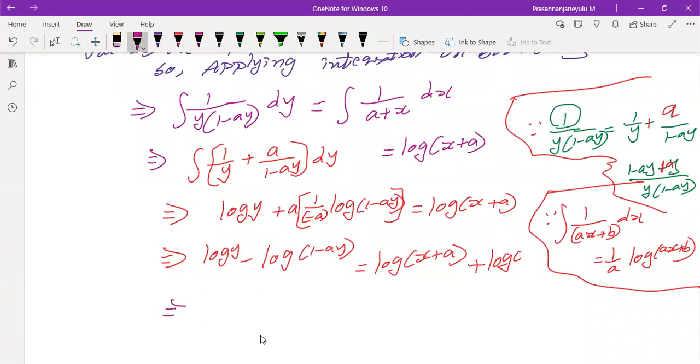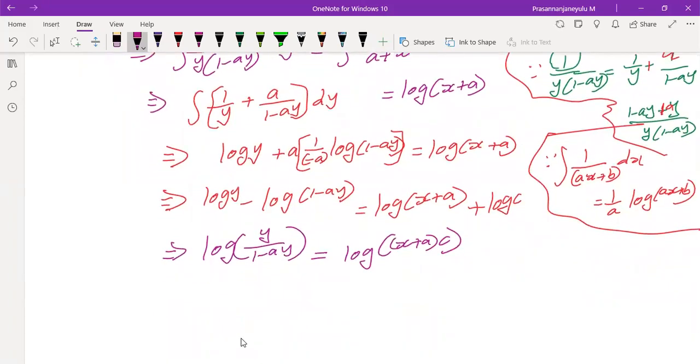Okay, so log a minus log b can be written as log of a by b. So writing this, the left hand side y by 1 minus ay is equal to log a plus log b, which can be written as log of ab, log of x plus a into c. Now log a equals log b. When log a equals log b, then what can we write? a is equal to b. Then we can write y by 1 minus ay is equal to c into x plus a.